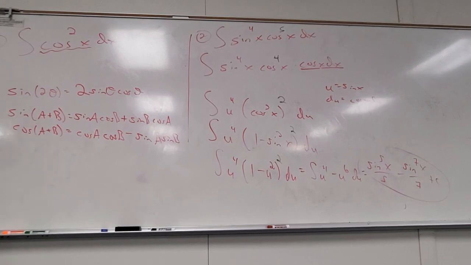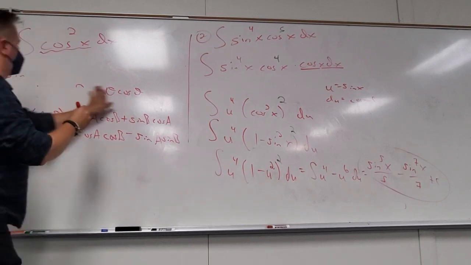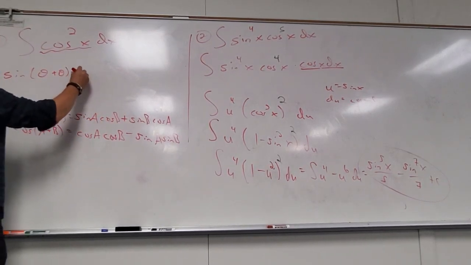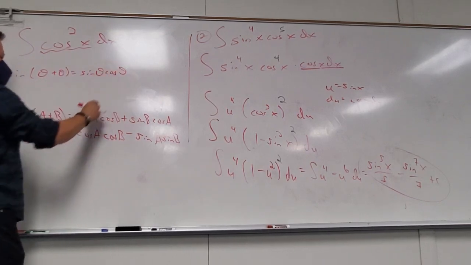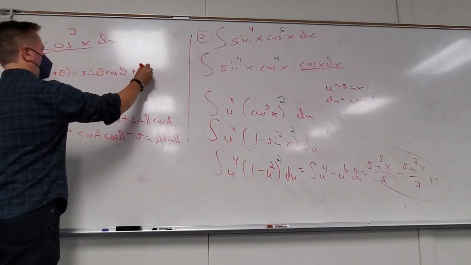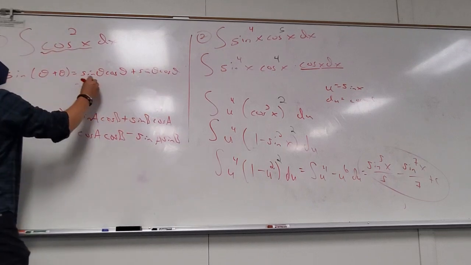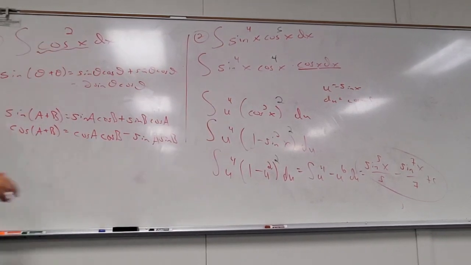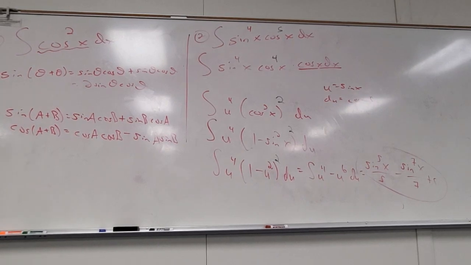So watch what happens if I let A and B be theta. If I had sine theta plus theta, that would be sine theta cosine theta plus sine theta cosine theta, right? So of course it's 2 sine theta cosine theta. You with me?